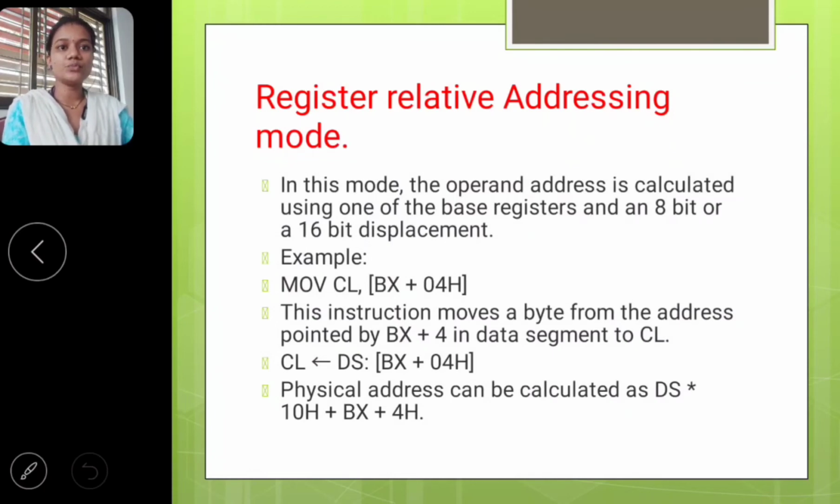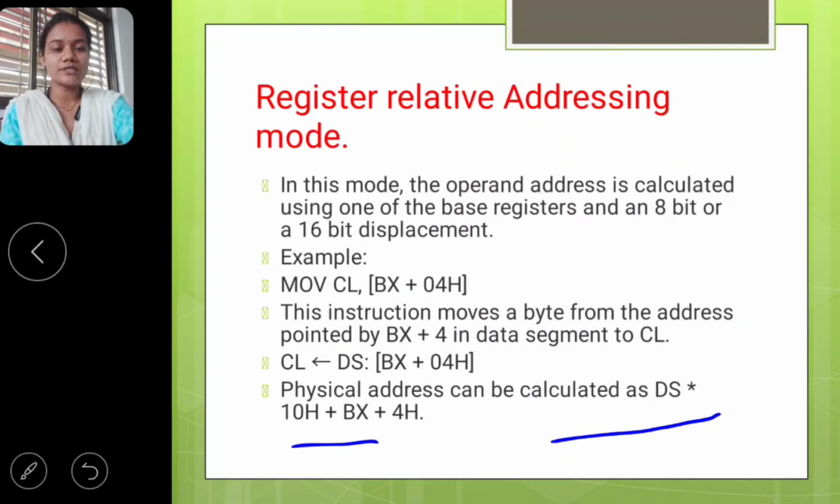Suppose your instruction is MOV CL, [BX+04H]. BX is your base register and 04H is your displacement. So the physical address is calculated by DS times 10H plus BX plus 04H.